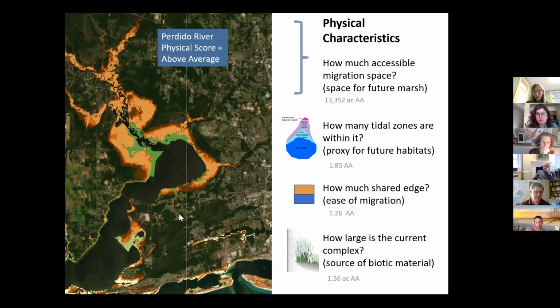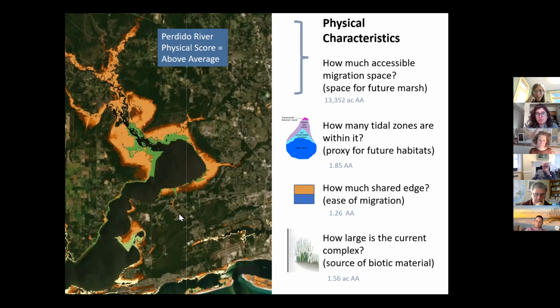And how large is the current complex and source for biotic material? So that's how big is our existing marsh space? And again, we had an above average score. So this is one of those sites where we really saw exceptional intact existing marsh and the potential for marsh migration.